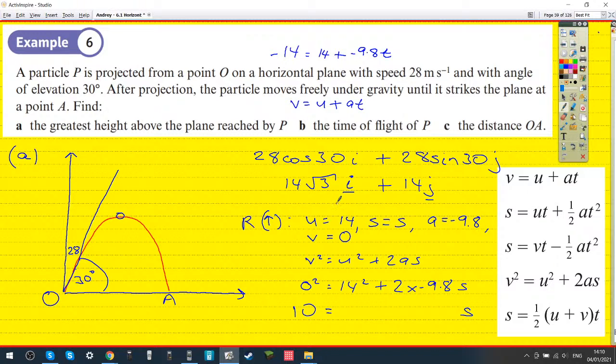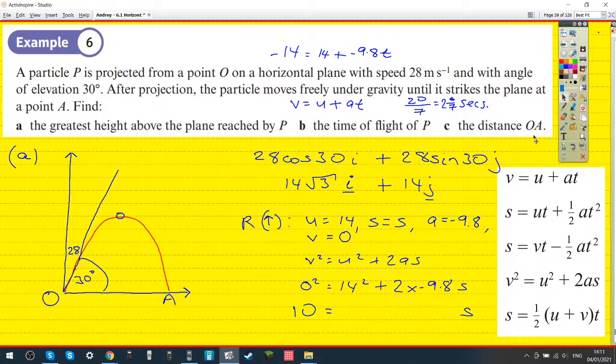Okay, and how about question C? The distance away. So that's not I. I is all of it, isn't it? Distance is S, displacement. Yeah.